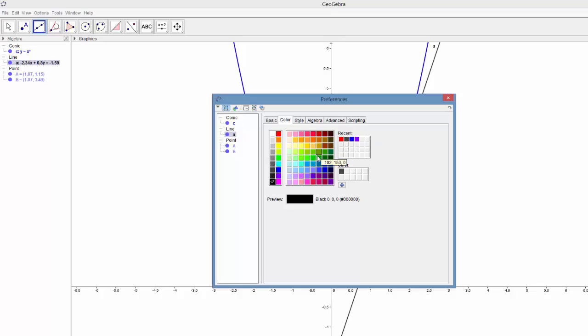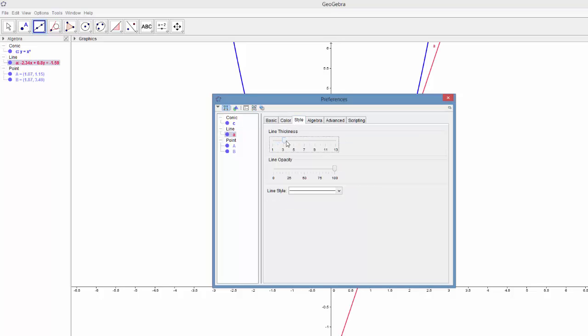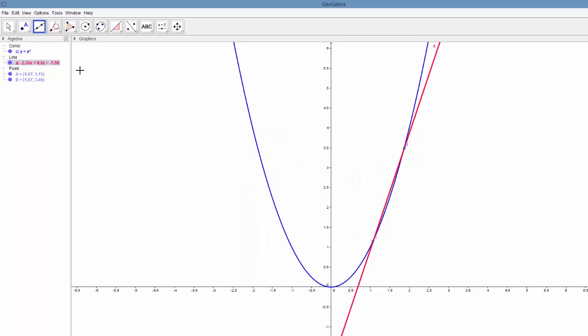We'll make it red, and we'll make it thicker so we can see it. Okay, there's our line. Let's go ahead and put the slope triangle on this line, and we can see what the slope is. It's 2.94.